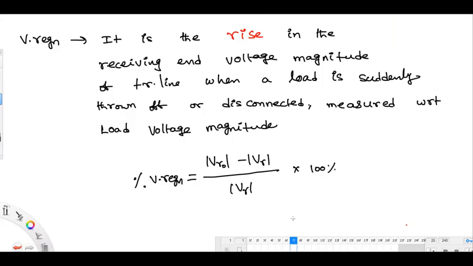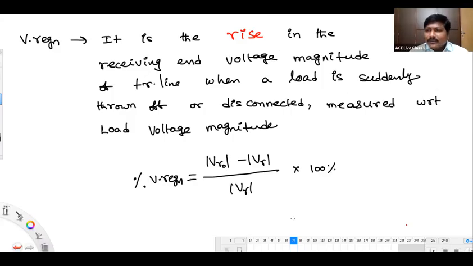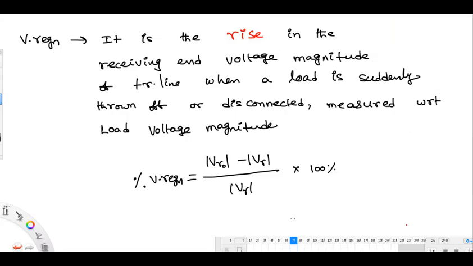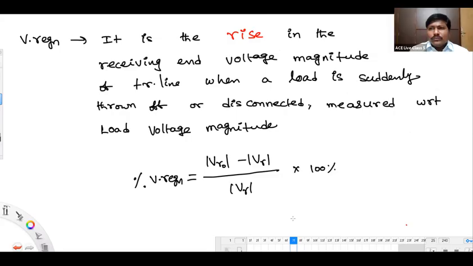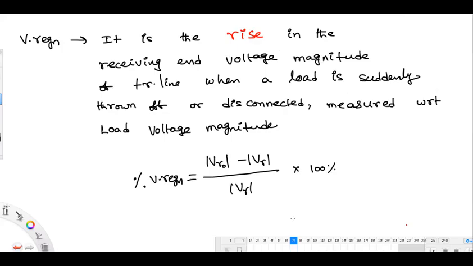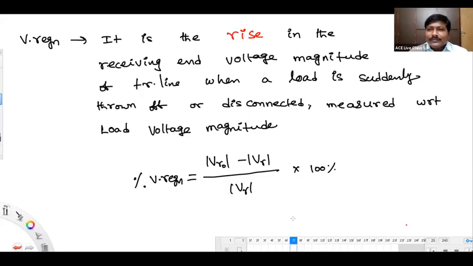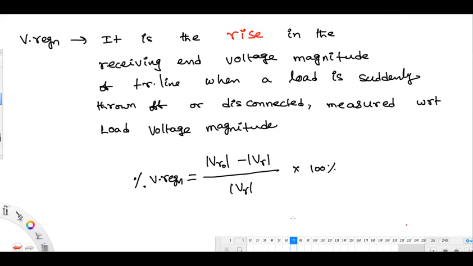We don't know, Vishwanath. It may be negative. We have to investigate and tell. Voltage regulation value may be negative, may be positive. Both possibilities we have, right? So I didn't say anywhere VR naught is more than VR. According to the definition, it is rise. Rise may be negative also, right? That's it, sir. Thank you, sir.